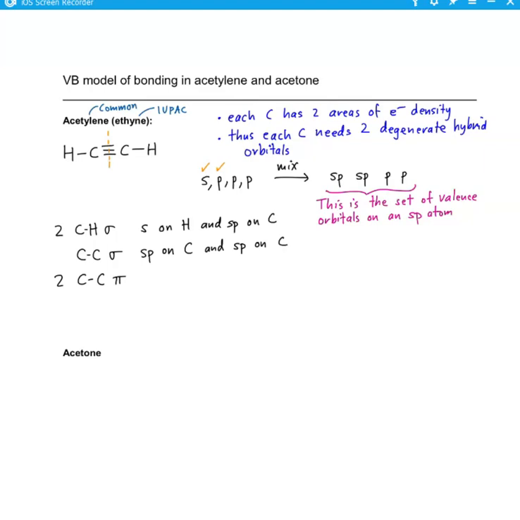And finally, those two pi bonds between the two carbons are formed, just like we saw with ethylene, by the overlap in a side-to-side fashion of a p orbital on one of the carbons with a p orbital on the other carbon. That's true for both of those pi bonds.